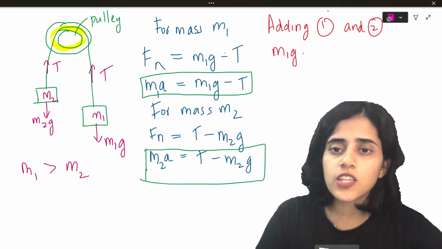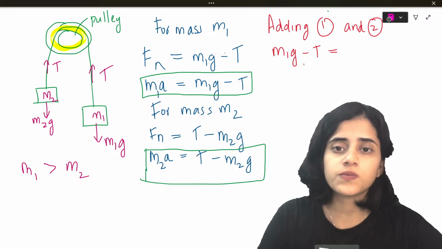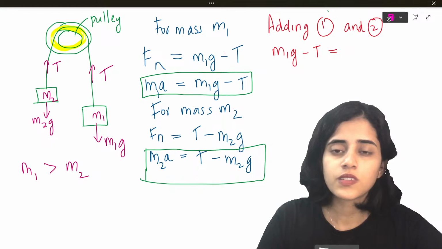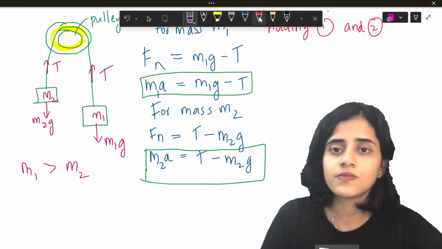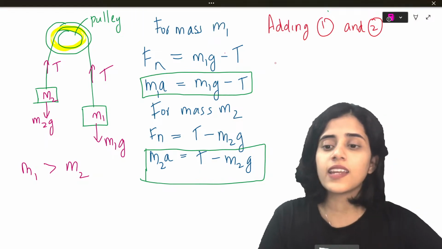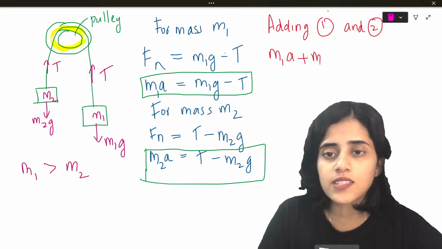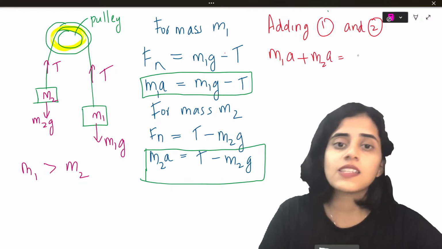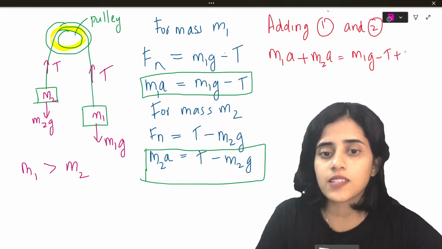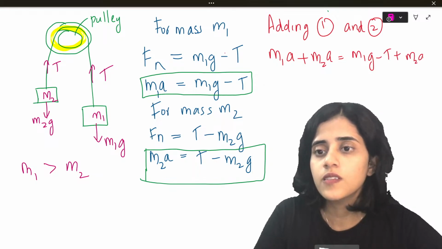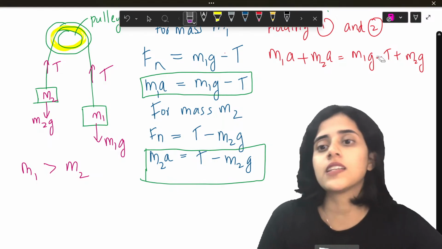On the left hand side, it's M1A plus M2A, which is equal to M1G minus T plus T minus M2G.